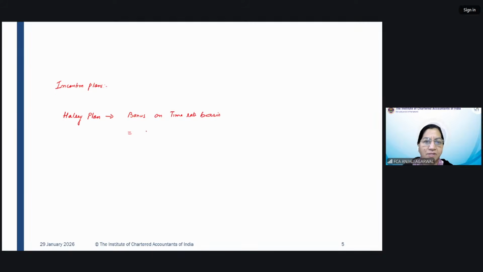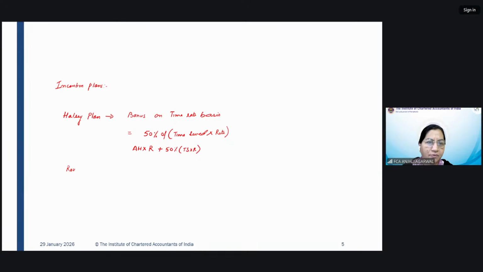How we will pay the bonus? 50% of time saved into hourly rate. So in Halsey plan, the actual hours into hourly rate would be paid plus 50% bonus will also be paid of time saved into hourly rate.